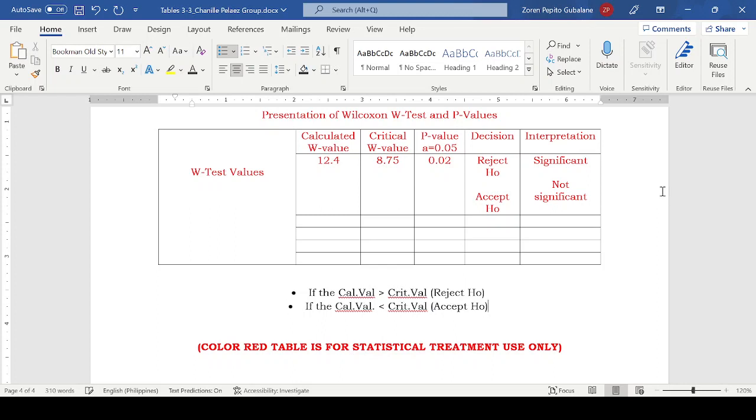Okay. So the question now, what is that specific null hypothesis that the researcher needs to reject or accept?